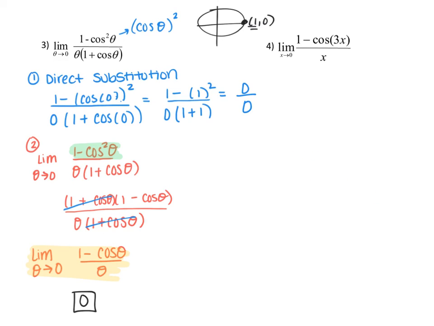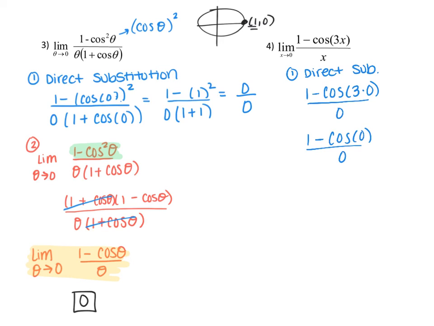So I want to take the limit as x approaches 0 of (1 minus cos 3x) over x. So again, just like we did before, we're going to do step 1, which is direct substitution. So we've got 1 minus cos of 3 times 0 over 0, which is 1 minus cosine of 0 over 0.